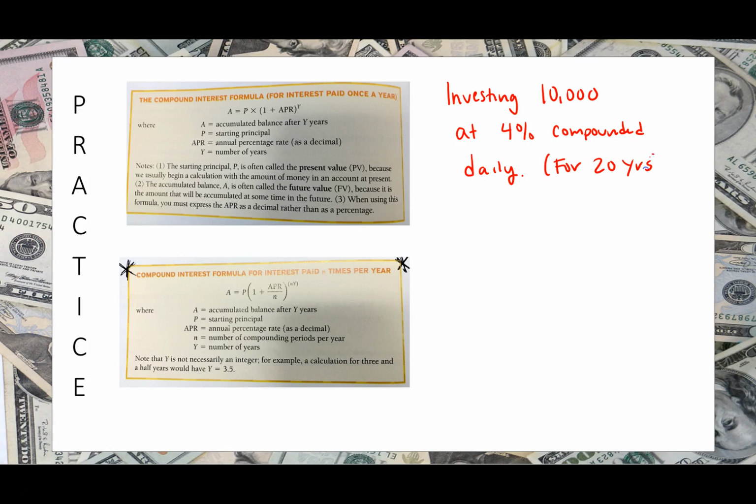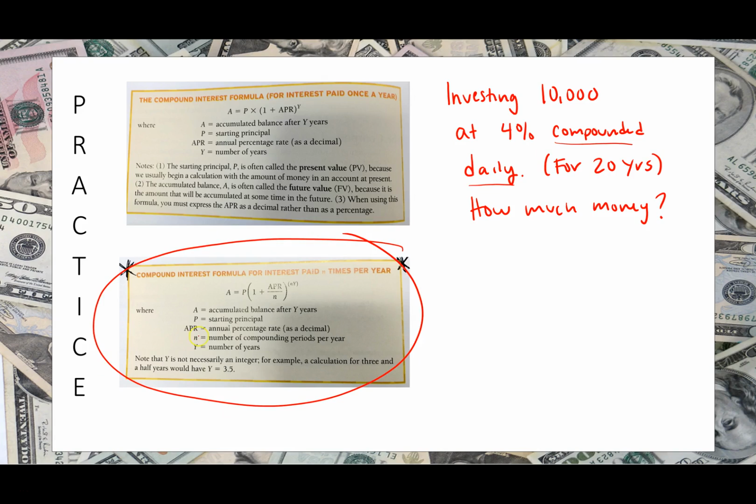How much money? Well, first of all, you should first say it's compounded daily. So I need to be using this formula because it has that n value, the number of compounding periods a year. Well, if we're compounding daily, your n value is equal to 365 because there's 365 days in a year.